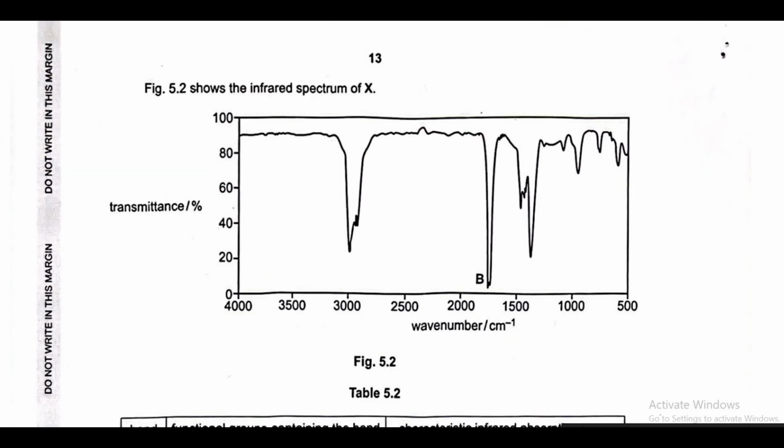Now Figure 5.2 shows the infrared spectrum of X. This is not a sharp peak. B is the carbonyl group peak. The carbonyl group peak shows between 1500 and 2000.